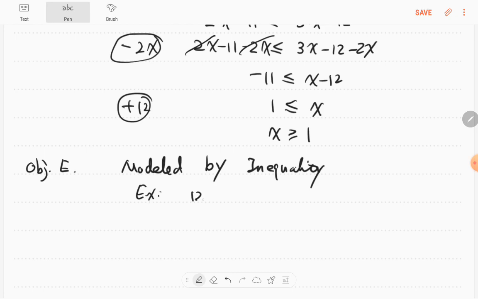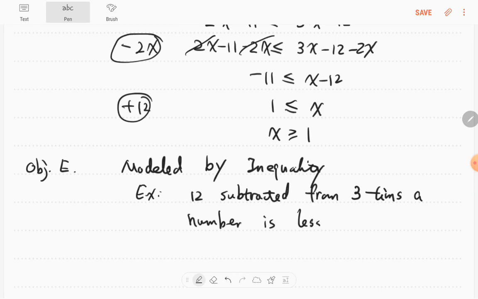This time we have 12 subtracted from 3 times a number is less than 21.